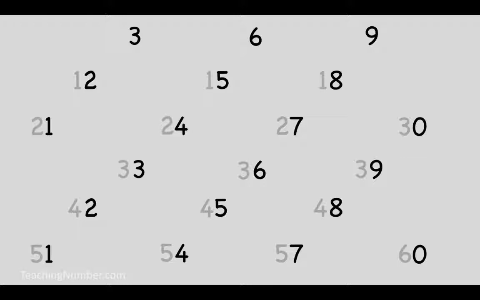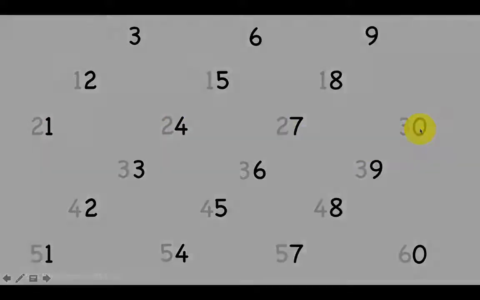The order of this pattern is easier to remember if you think of it as 3 subcounts, starting with 3, 2, and 1. 3, 6, 9, 2, 5, 8, 1, 4, 7. Then we have a 10, and the pattern repeats.